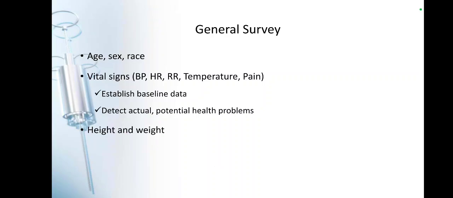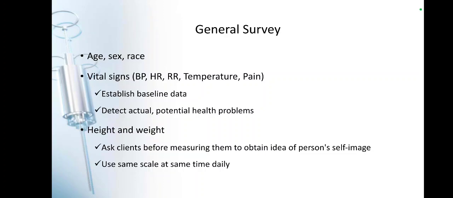In the general survey, we also check the vital signs of the patient to establish baseline data and to detect actual or potential health problems. We check the height and weight of the patient, so ask the client before measuring them to obtain an idea of the person's self-image, and use the same scale at the same time daily. These observations provide important baseline information about the patient's overall health.